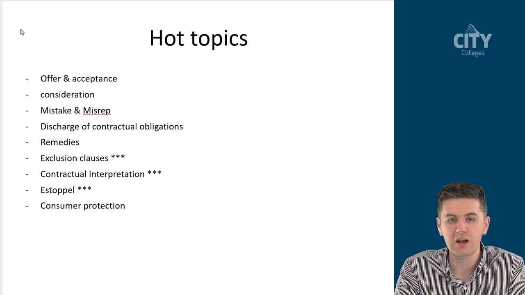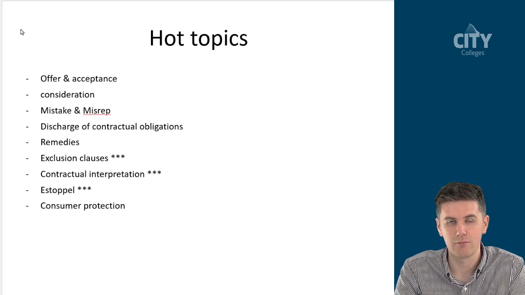I keep saying October by the way, I think it's a September exam, or early October rather. Offer and acceptance, consideration, mistake and misrepresentation, discharge of contractual obligations, remedies, exclusion clauses, contractual interpretation, estoppel and consumer protection.